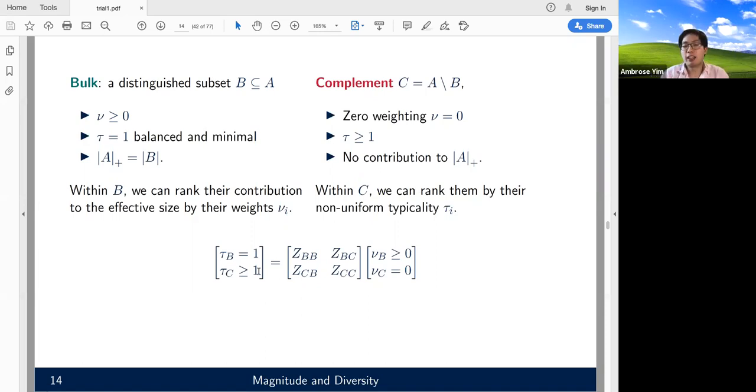On the right-hand side, this computes the typicality from the weights. So the new B is the weight on the bulk, and it's always bigger than 0. And on the complement, the weight is 0. So this is just a figure to summarize this information.